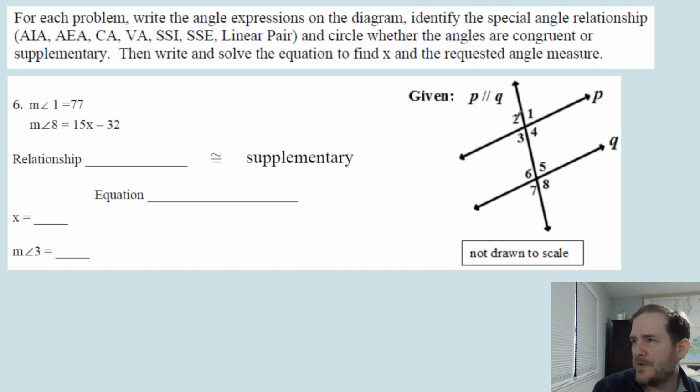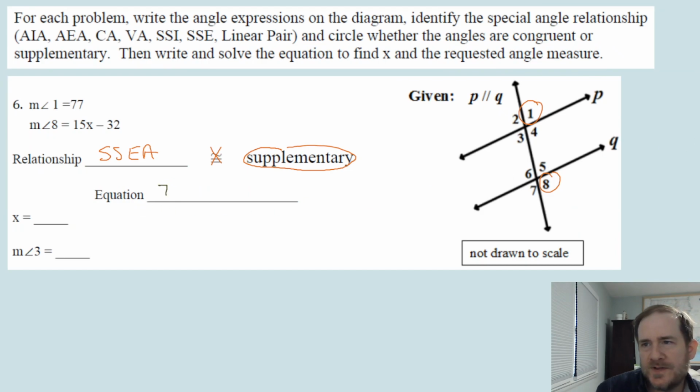They're talking to us about 1 and 8, and we were just kind of talking about these angles. Those are same side exteriors, which means we are back to being supplementary instead of congruent, and that means we would write an equation that says that the 77 plus the other angle, 15x minus 32, would say that all that equals 180.